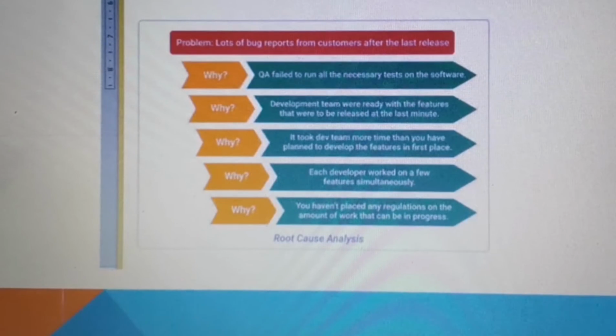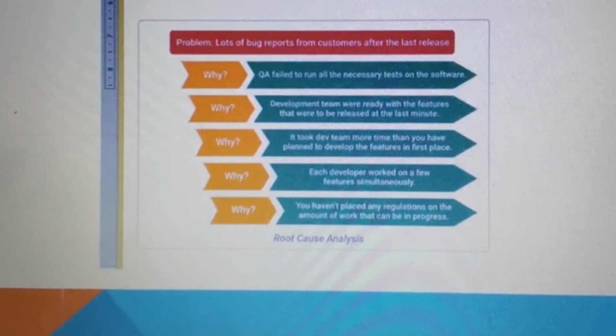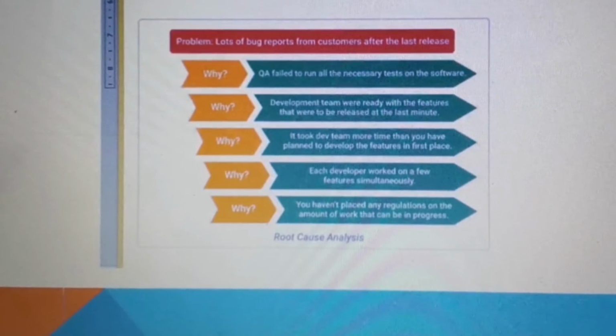So first is, why: the quality assurance failed to run all the necessary tests on the software. So maybe siguro daghan og bug tungod kay wala na-run ang tanang mga necessary test nga dapat i-run before the launching of the software.